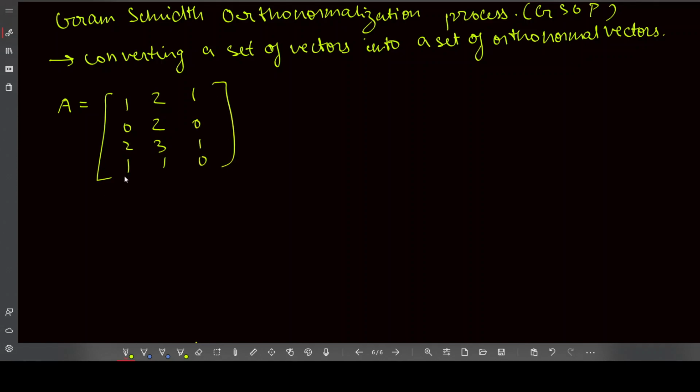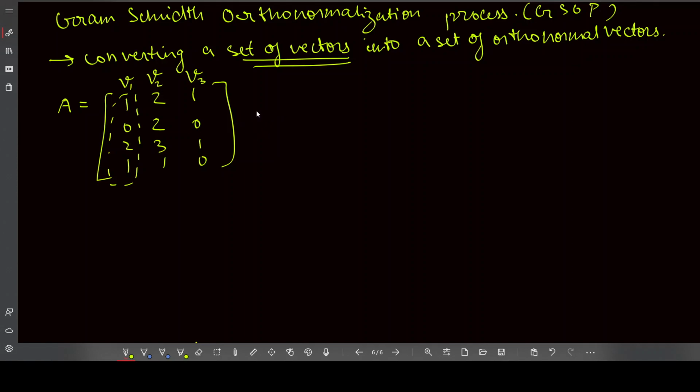Okay. So a matrix is basically a set of vectors, right? This is one vector, this is the second one, this is the third one. I'll call this vector v1, this vector v2, and this vector v3.